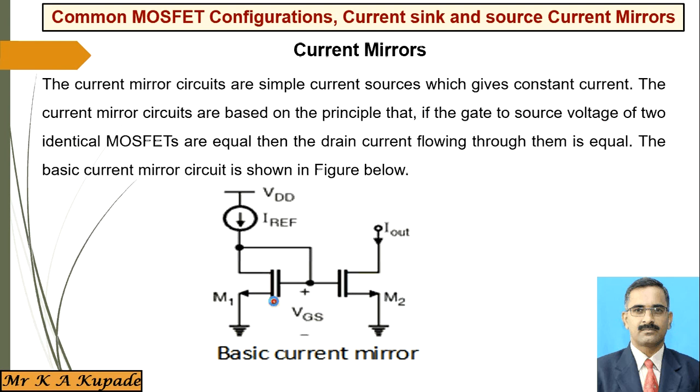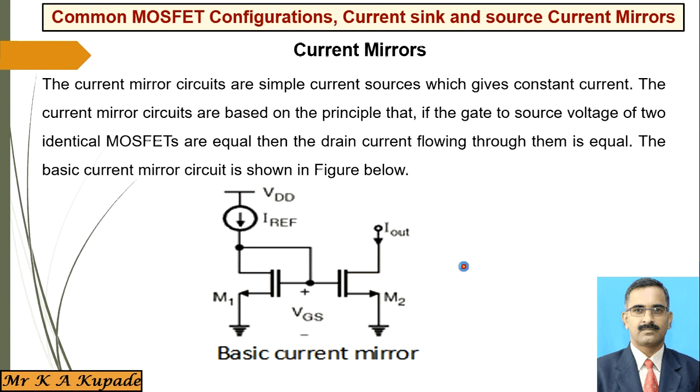See in this figure, this VDD, which is considered the reference, is connected to the gates of these two identical MOSFETs M1 and M2. If M1 and M2 are equal, then the current I flowing through the drain terminal is equal. A constant current is flowing.